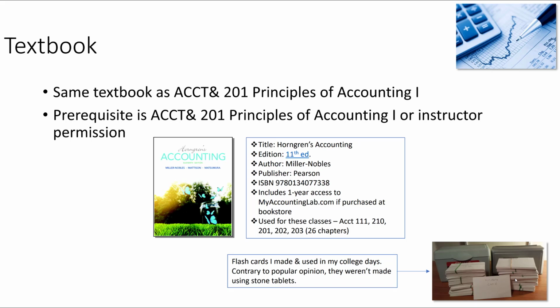Of course, if you had Principles of Accounting 1 with us at this college, you won't need to buy another book. You just continue to use the same book and the same myaccountinglab.com access. And obviously, since this is Principles of Accounting 2, the prerequisite is Principles of Accounting 1 or instructor permission.